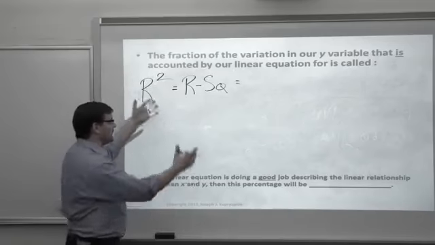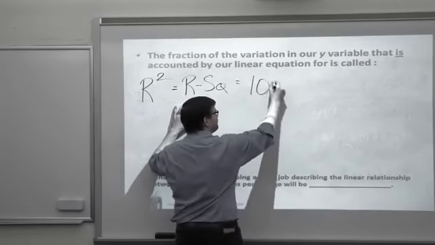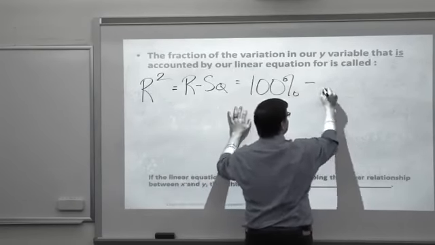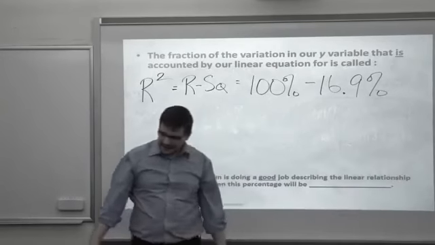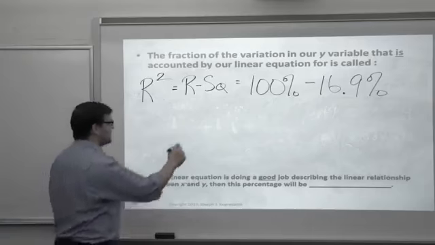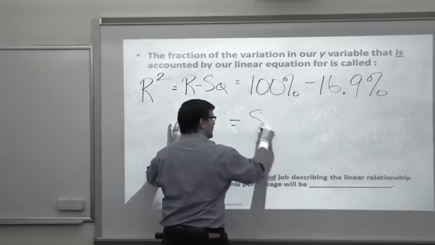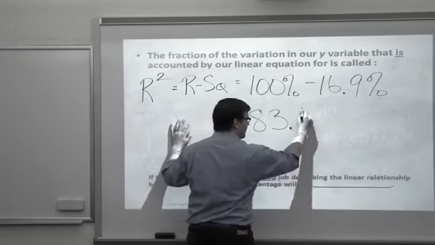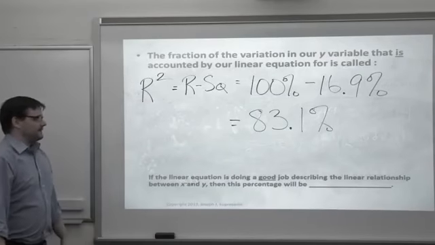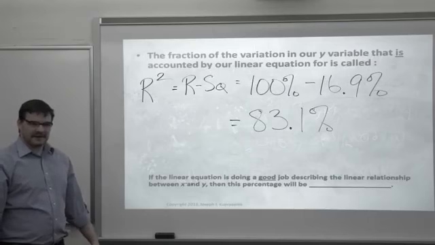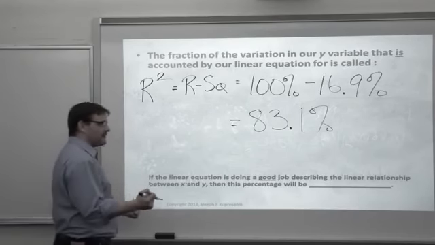So r squared equals, I'll take 100%. I will subtract off 16.9%. 100 minus 16.9 is about 83.1%. So I'm guessing about 22 minutes into this video, we finally get the answer we're looking for.